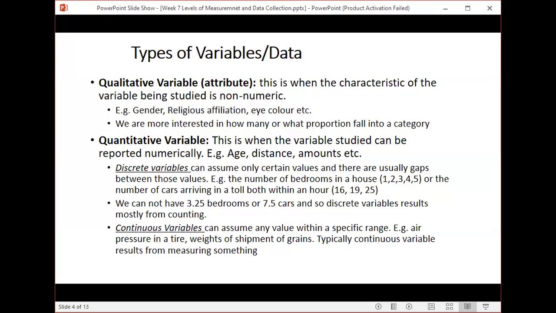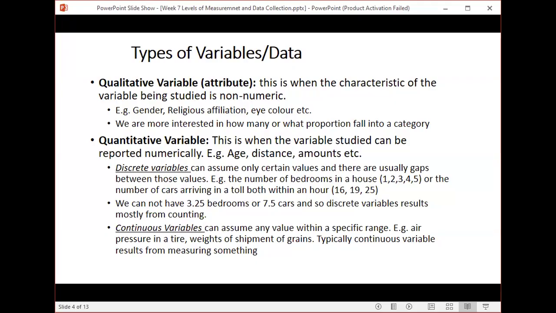It's a description, right? Are you male or female? Are you Catholic or Methodist? Are you a Muslim or a Christian? All of these are attributes or characteristics of the experimental units you are looking at.